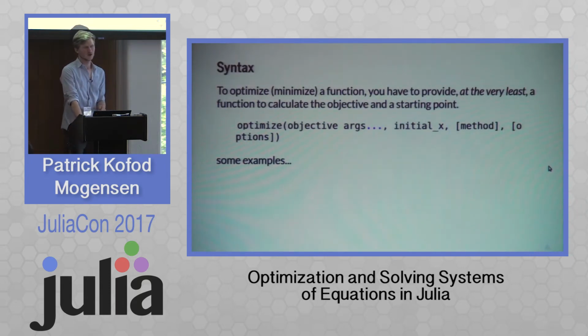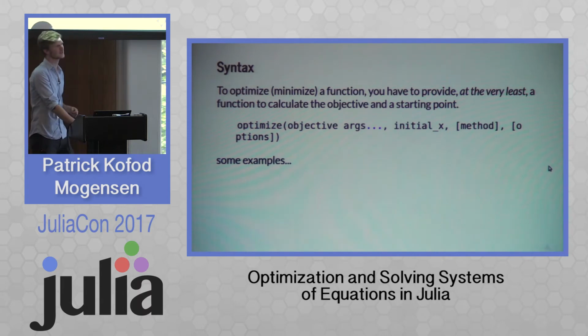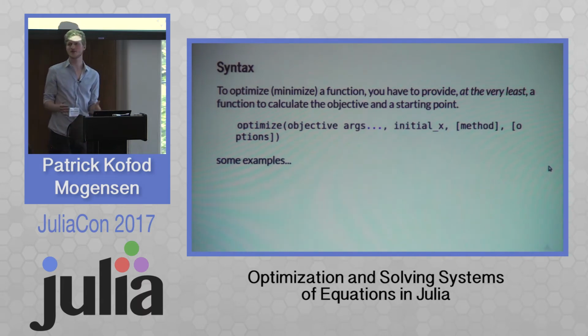So what is the syntax of the main method in Optim? It's called optimize. And when we say optimize here, we mean minimize. So if you want to maximize something, you can just minimize the negative of that. Some packages have a keyword where you can specify that you want to maximize. We don't, so if you're doing maximum likelihood, just put a minus in front of the objective, the gradient, and the Hessian, if you have that.